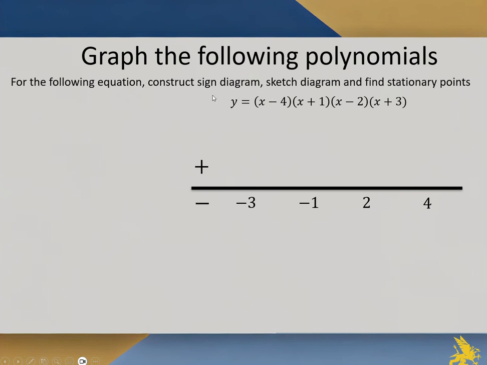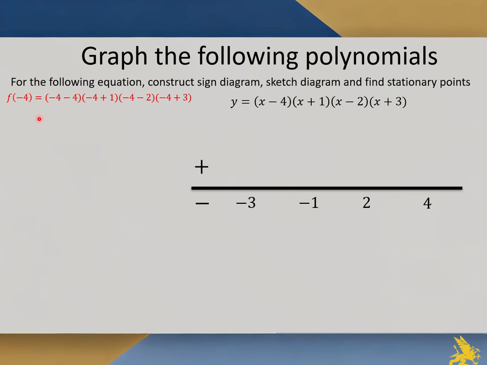First thing I'm going to do is pick a number that is below -3, just to see what is happening with my graph to start off with. I've picked -4.